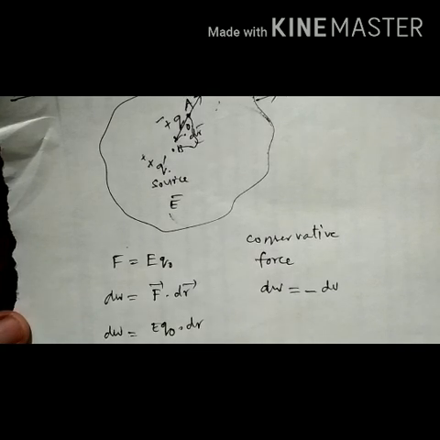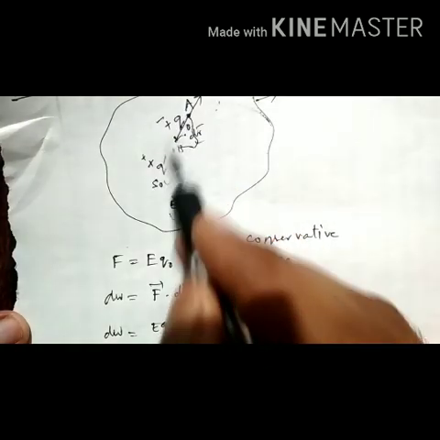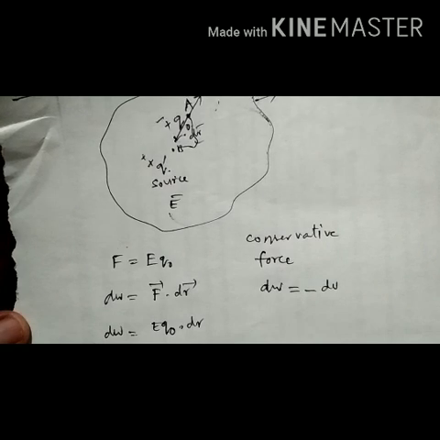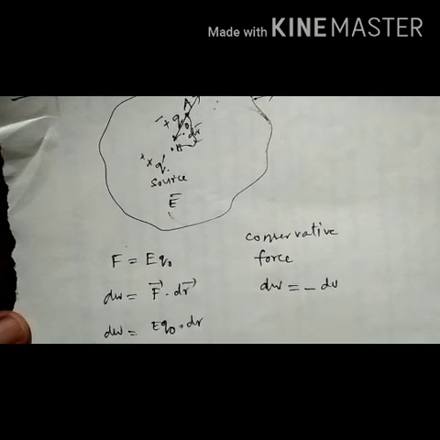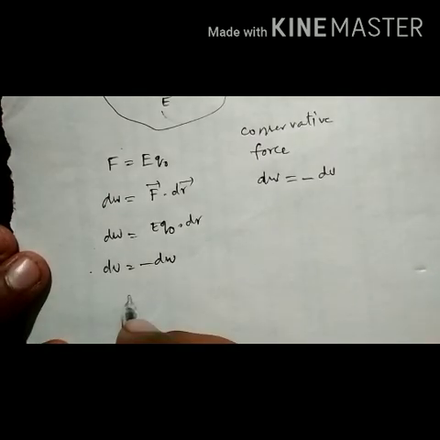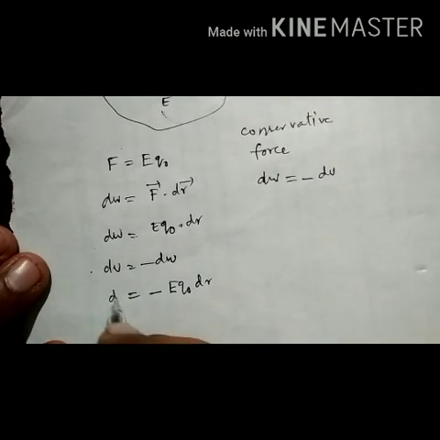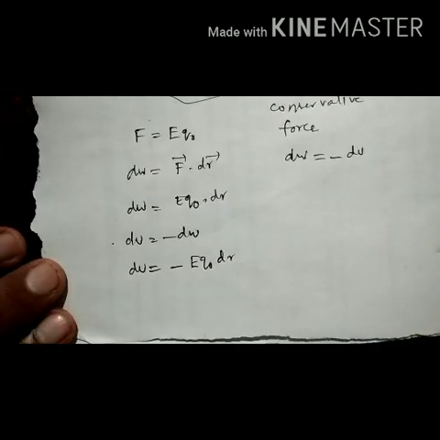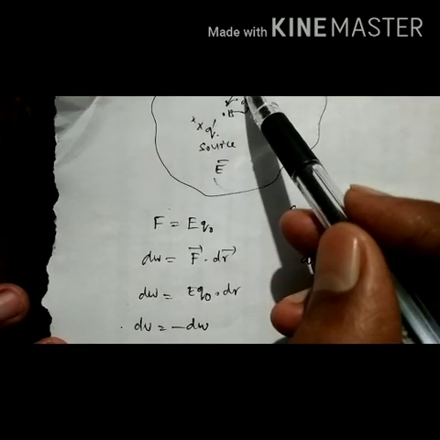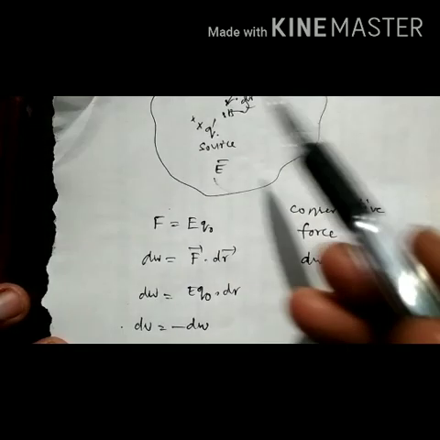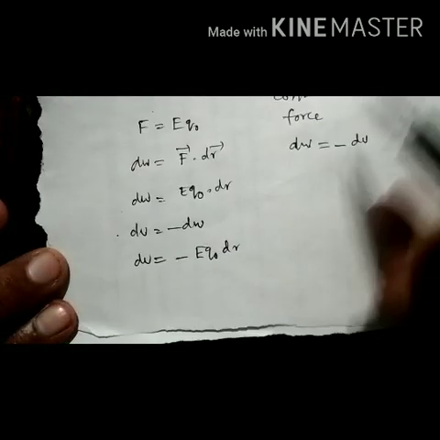So I can write the change in potential energy of the system as dU, which is nothing but equal to minus dW. dU is equal to minus EQ0 dr. So dU means UB minus UA, final minus initial.